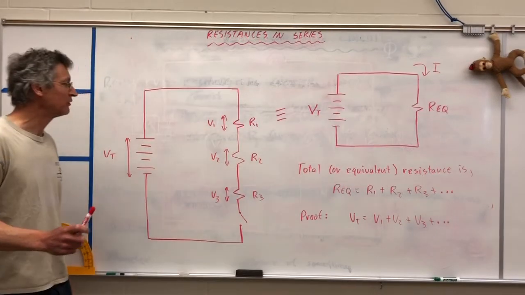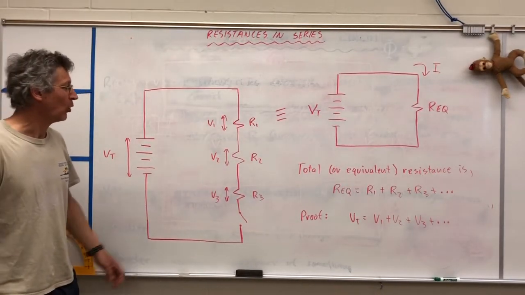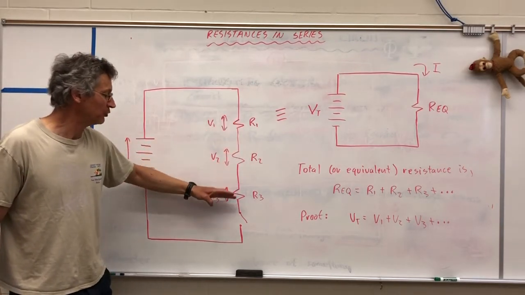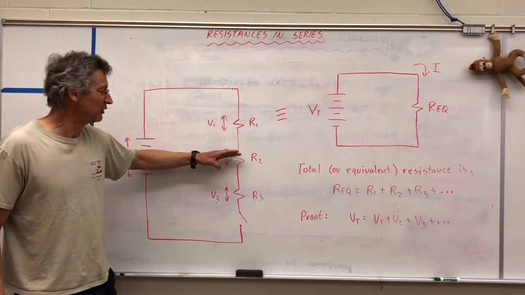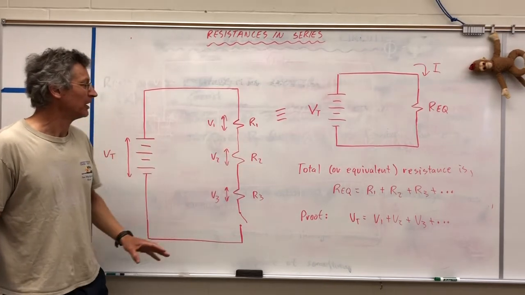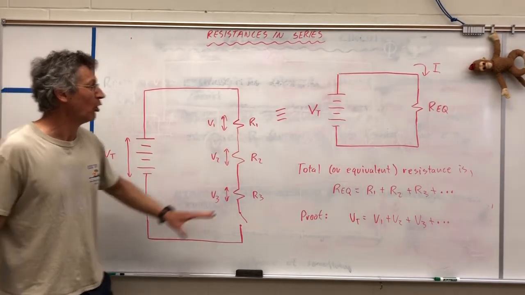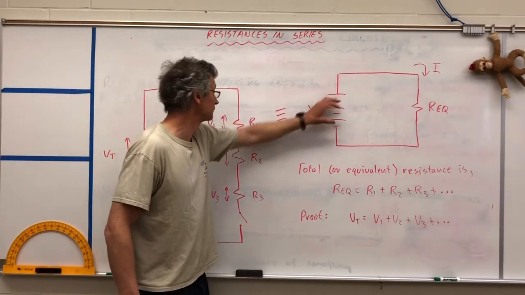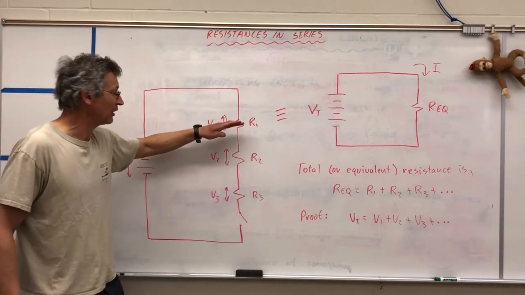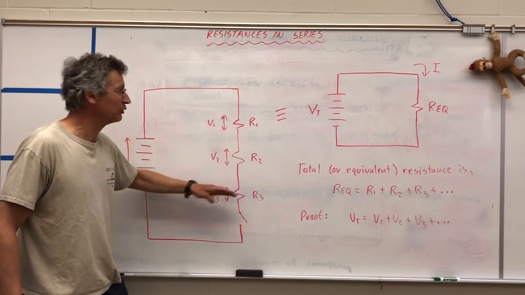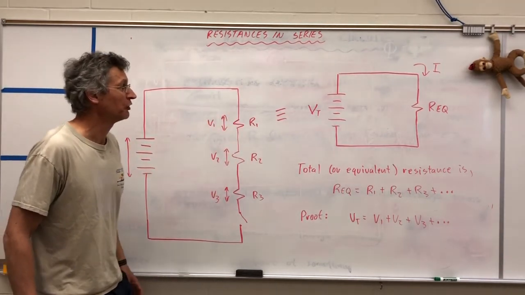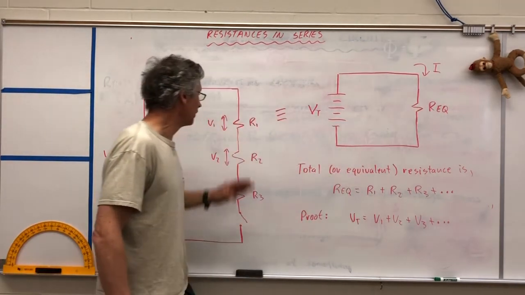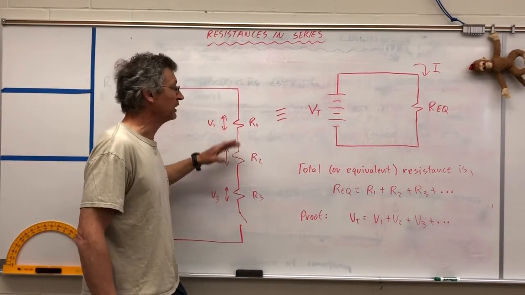Now let's see if we can figure out what the equivalent resistance to these three things would be. In other words, if I took a circuit over here and I had the same source, but instead of having 1, 2, 3 small resistances, I had one bigger resistance that's equivalent to these 3.